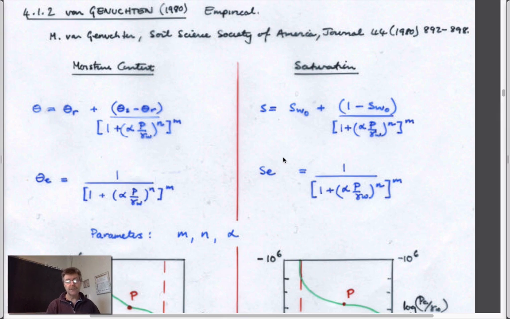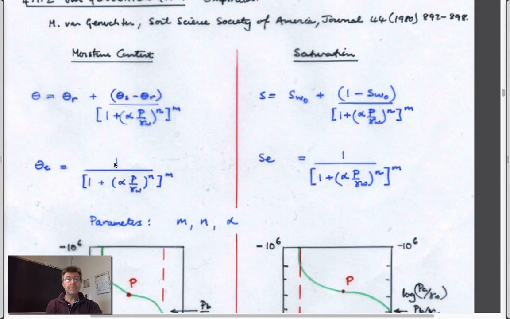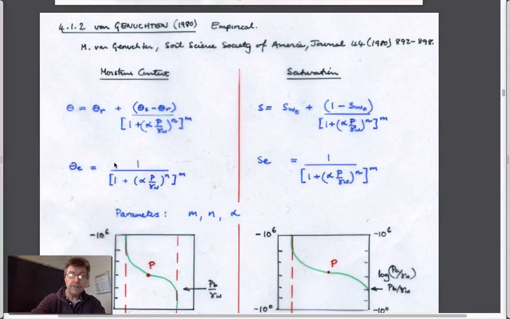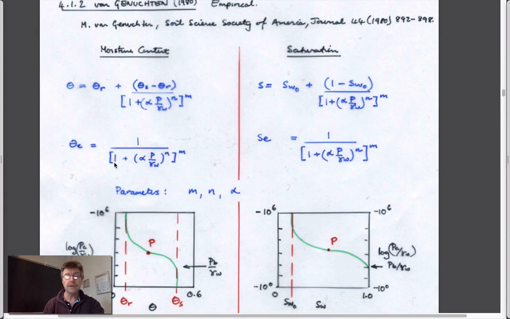A Dutch scientist now working at UC Riverside, Irvine or Riverside, I can't remember which. And an empirical way of being able to, and this is covered quite well in Fetter's book, of being able to define these capillary pressure curves as a function of either volumetric moisture content and matrix potential, or saturation and matrix potential. You know, these look very similar to what we've seen before, but to be able to do it in terms of some empirical parameters.